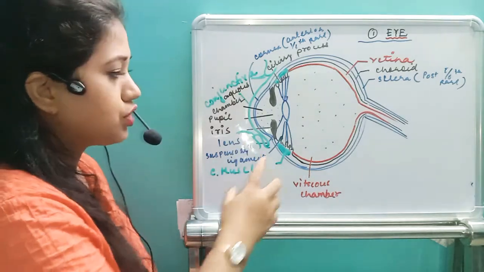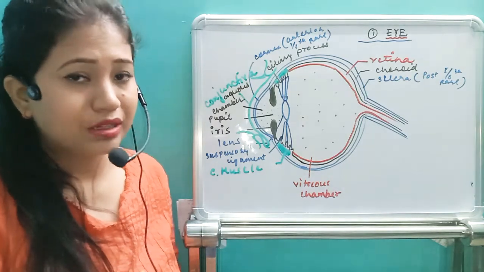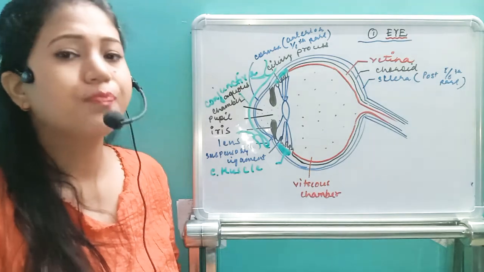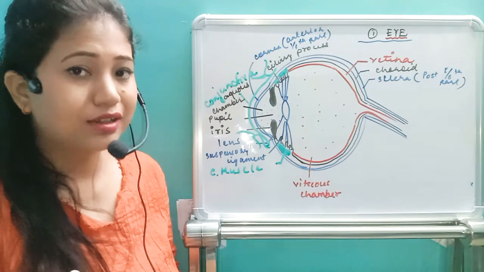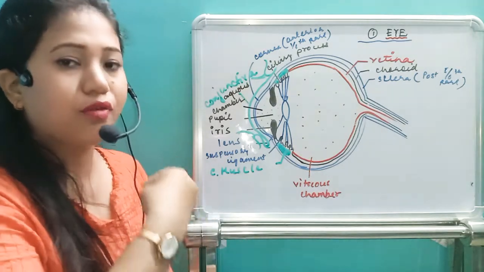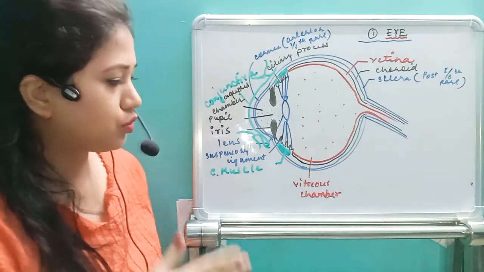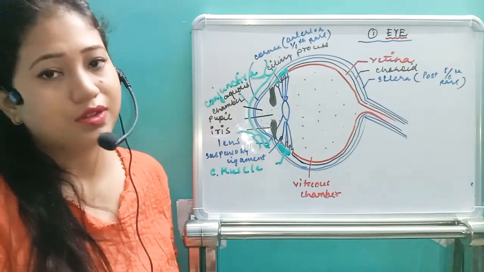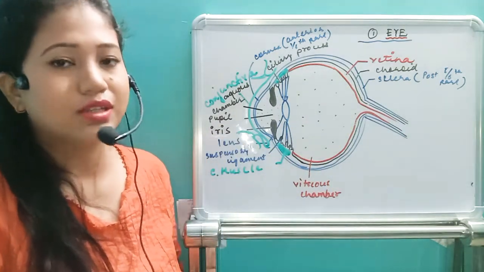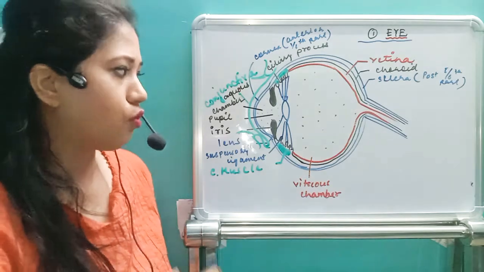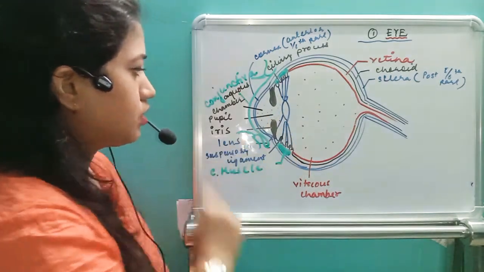The vitreous humor is not completely transparent, it is opaque in nature, and it is going to refract the light, because when light passes from one medium to the next, the angle changes. So the refraction of light occurs in the vitreous chamber so that we can focus on one point of the retina. I will tell you what that is. It will focus in the retina, helped by this lens. This is the lens here.